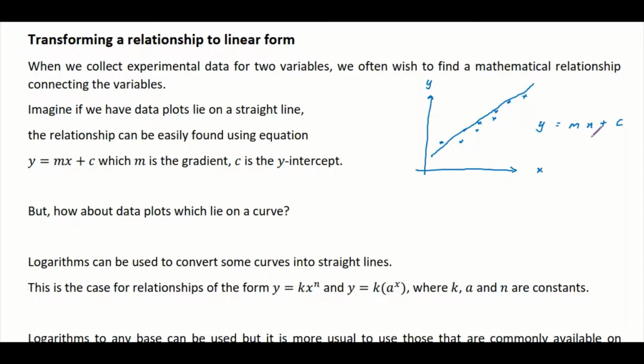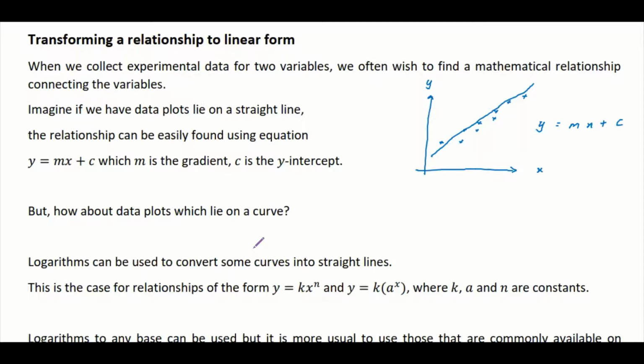But in usual cases we don't always get a set of data that can be fitted into a linear model, which is a straight line. So what do we need to do when we get data plots that lie on a curve? In this case we can use log to help us convert the curves into a straight line.